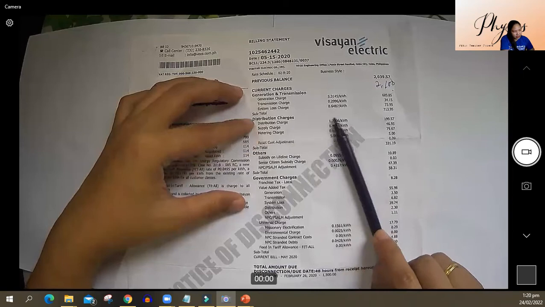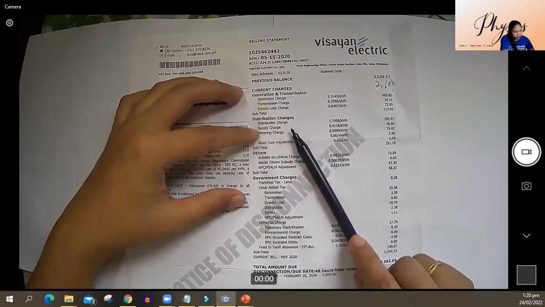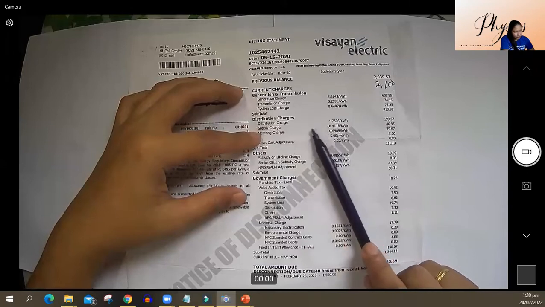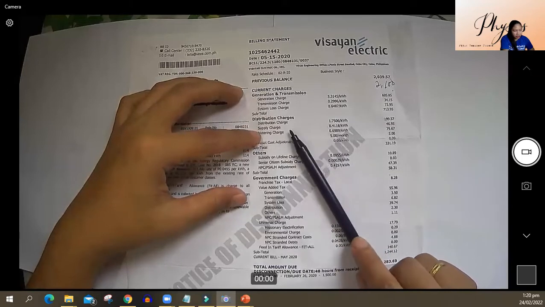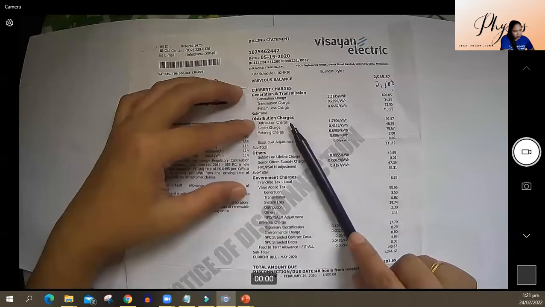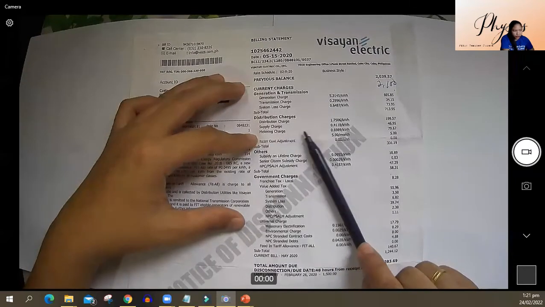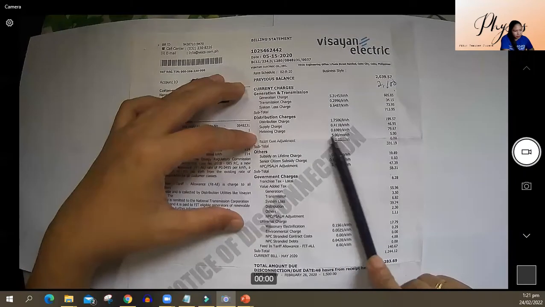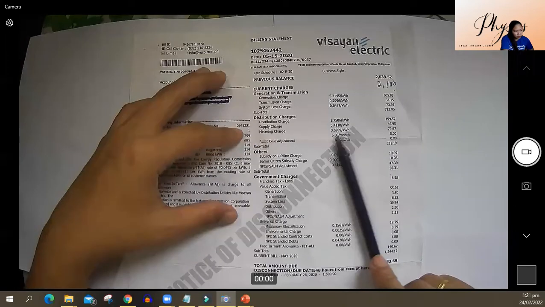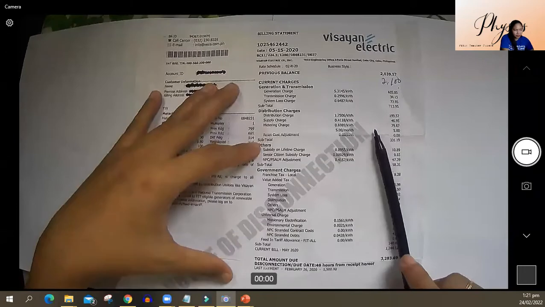You will also be charged for supply, like customer assistance or collection services, any other services still under VECO. And then the metering charge: you will be charged for the monthly reading of your meter, and it will show in this part of your electric bill.